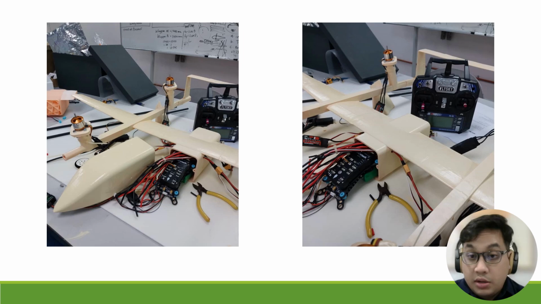Right now, this is what it looks like. I haven't finished the wiring yet, but the aircraft itself has already been 3D printed and painted. Only the wiring is left, and then afterwards we can move on to flying the proof of concept and see how it behaves.